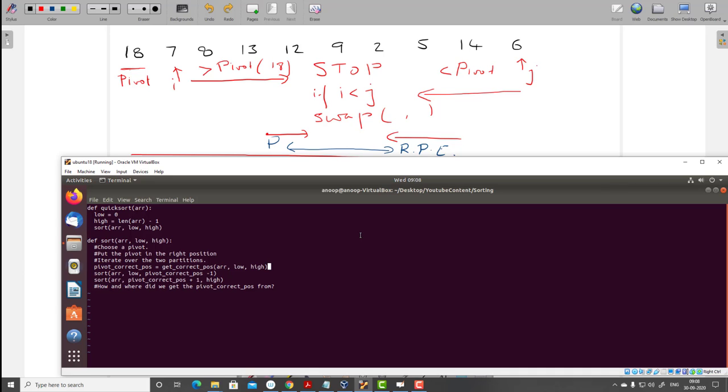We need to provide that. Okay, good enough. So we define that function now.